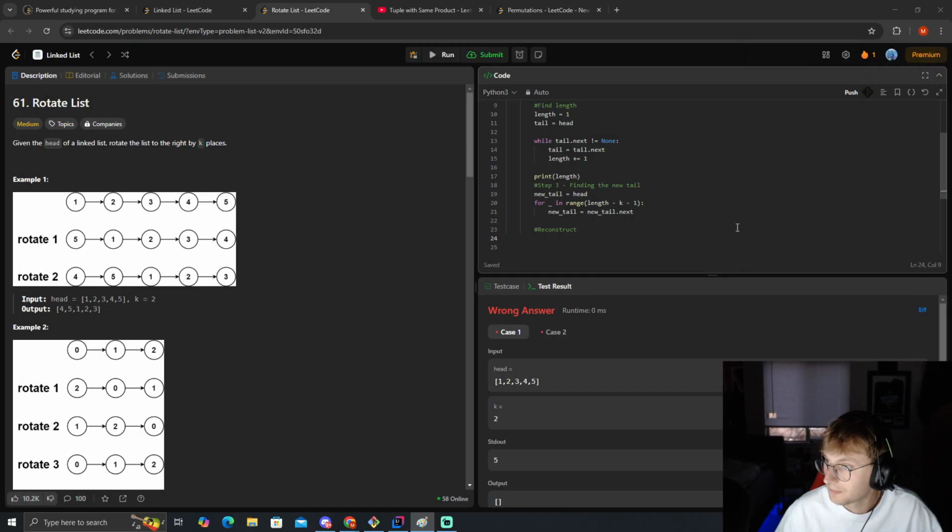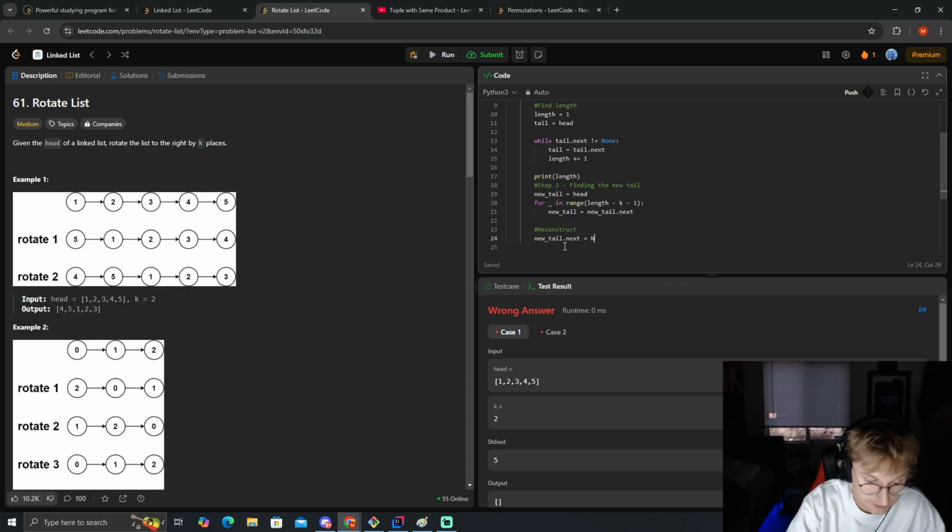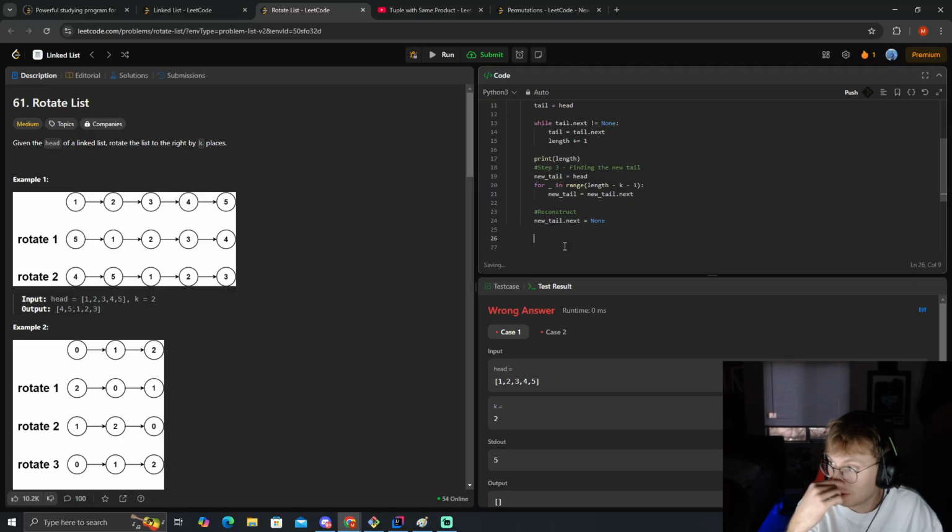We gotta cut our link with new tail, so new_tail.next is equal to None, and then we make our tail equal to tail.next, is equal to head. Right?